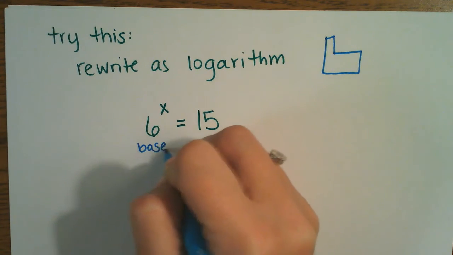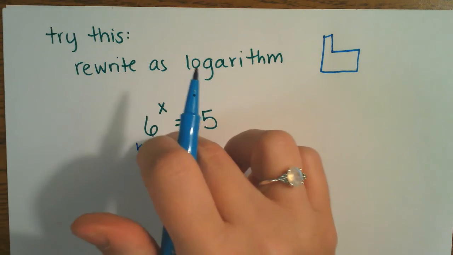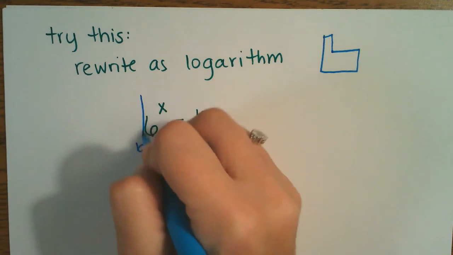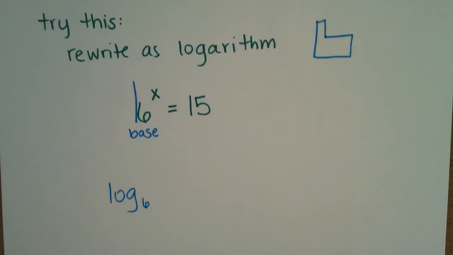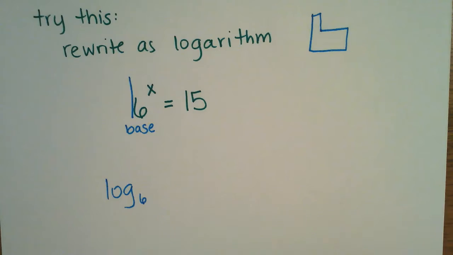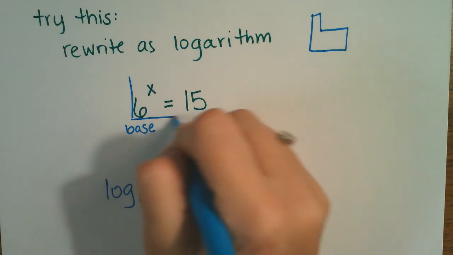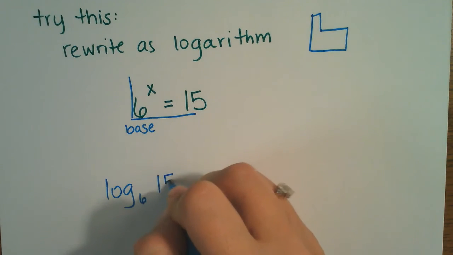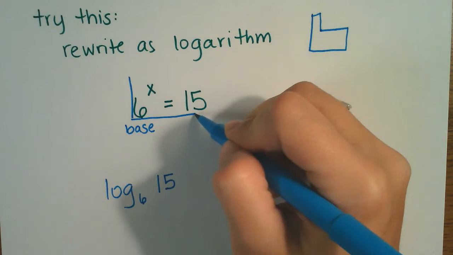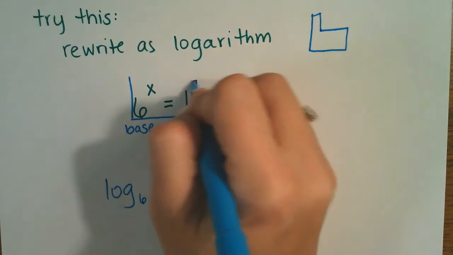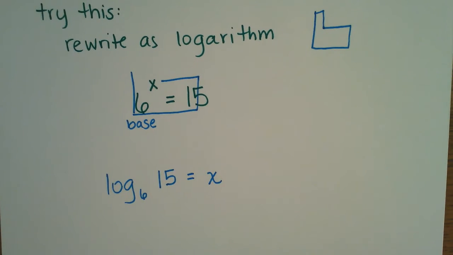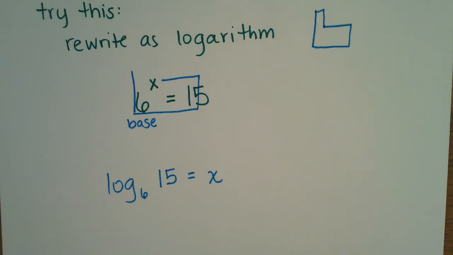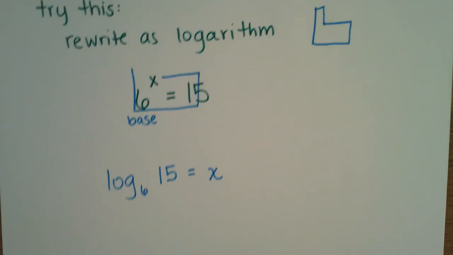Also, I know that this is the base of my exponential, so that helps me remember that it is going to be the base of my logarithm. All right, so what comes next? And then what? Equals x. Okay, so this is just rewriting. It's pretty easy.